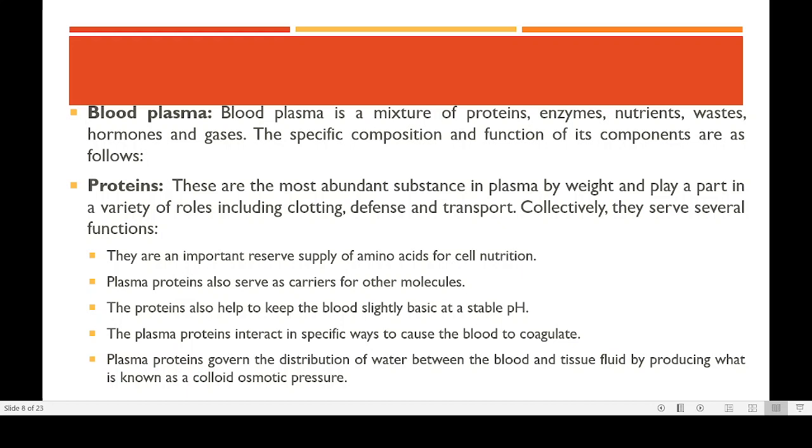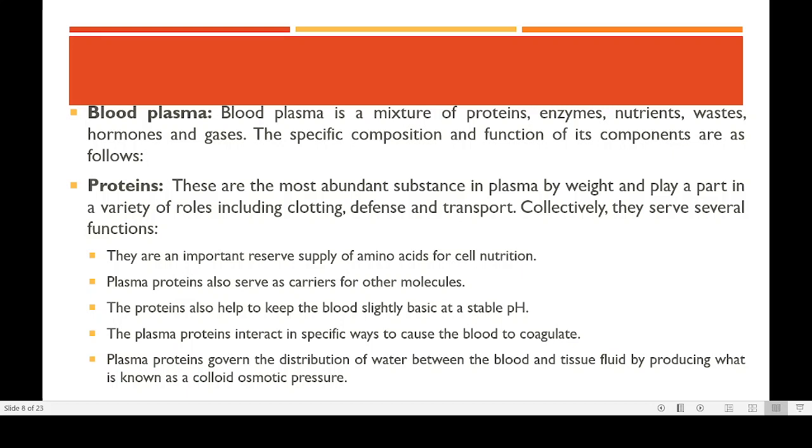Without the help of plasma protein, these hormones cannot be transported to different parts of the body. So the second function of plasma protein is that they help in the transport of different types of molecules, including hormones. They act as a carrier, carrying the hormone to different parts of the body.